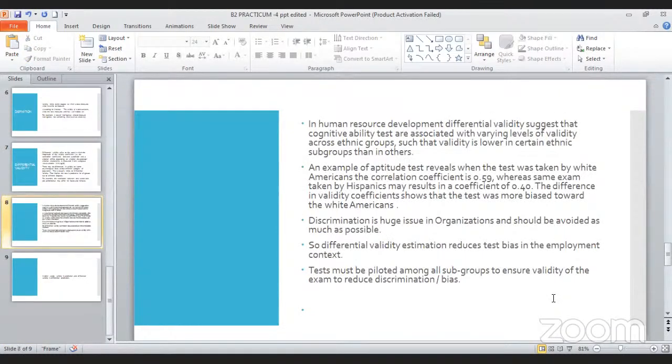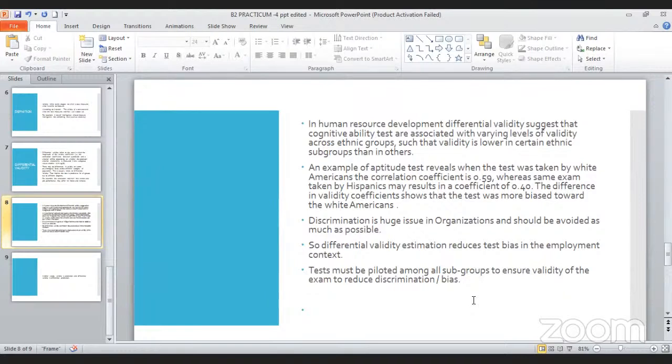In human resource development, differential validity suggests that cognitive ability tests are associated with varying levels of validity across ethnic groups, such that validity is lower in certain ethnic subgroups than in others. So differential validity indicates that there may be differences in the validity coefficients across the subgroups.